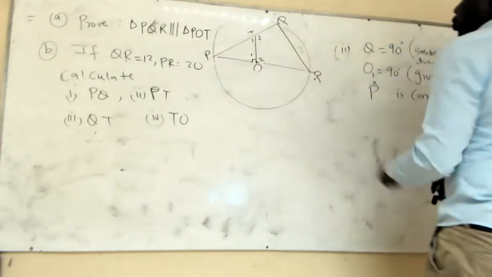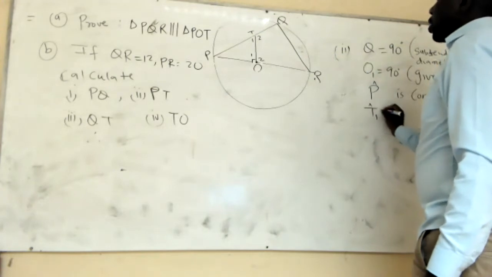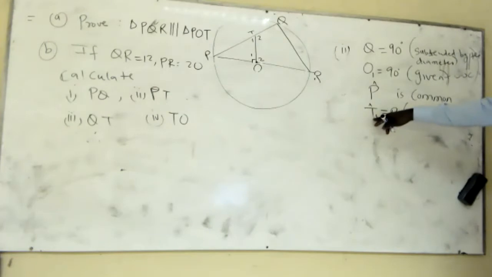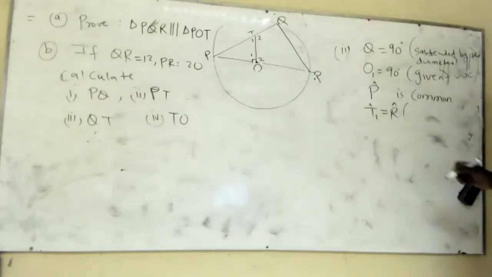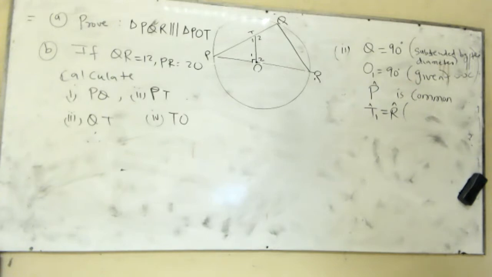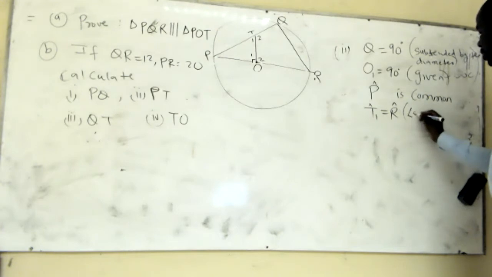Therefore, we are only left with one angle here, which we know that T1 will be equal to R. Why? Can you give a reason why T1 is equal to R? What would be the reason for T1 to be equal to R? These are what? Angles in a triangle.